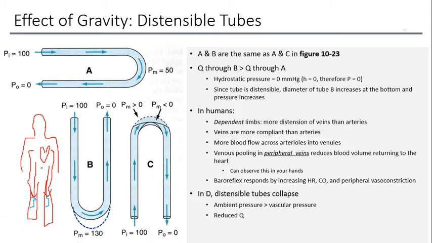And with that, less makes its way back. So we're seeing an impact on cardiac output, right? And remember that the heart cannot keep up with cardiac output if we don't have the venous return to supply that flow. So this is a problem with upright posture.